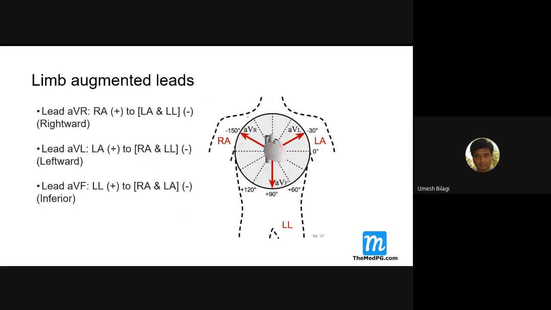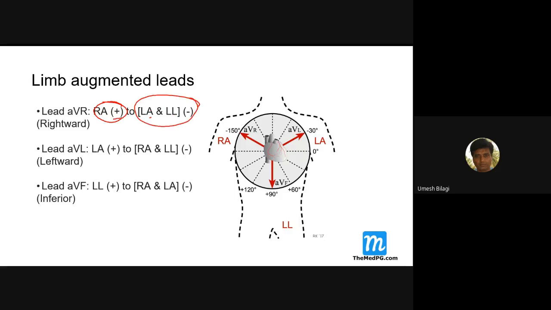So keep this picture in mind, so it is easy to remember. Now, when I have completed leads 1, 2, 3, we'll go to the other 3 leads: AVR, AVL, and AVF. These are the 3 augmented limb leads. You get the AVR lead by tying a positive electrode to the right arm, and we add up the left arm and left lower limb and tie them to the negative part of the electrodes.